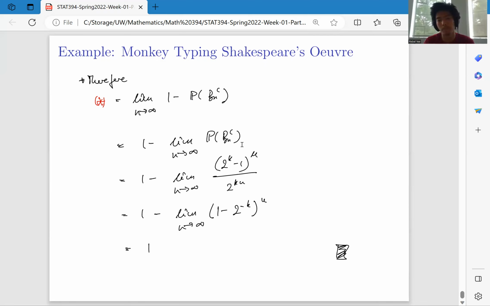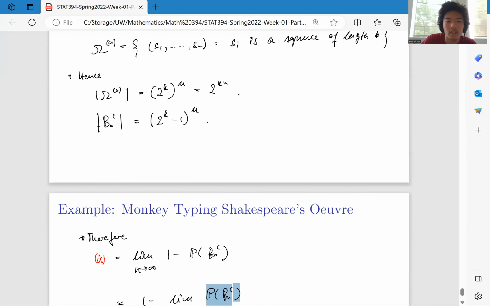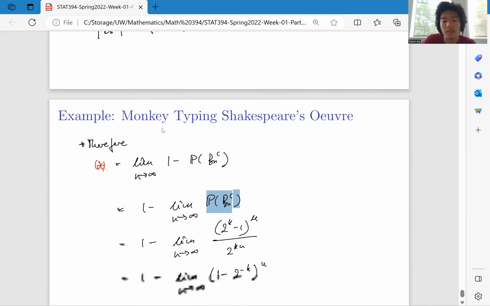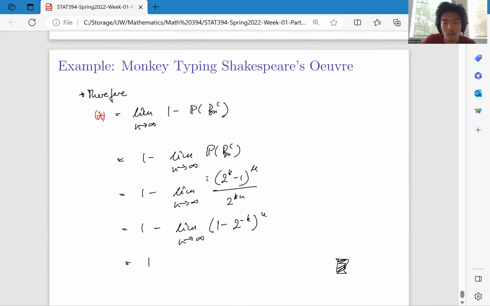Remember, the complement is equal to 1 minus the original set, right? So what does this term mean? This term is the cardinality, the sample size of B complement divided by the size of the omega, which is the same as saying (2 to the k minus 1) to the power of n divided by 2 to the power of k times n. But what is this term when n goes to infinity?